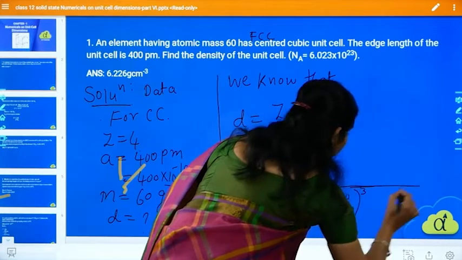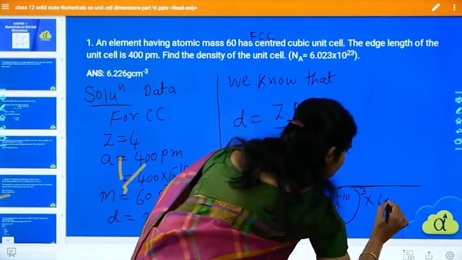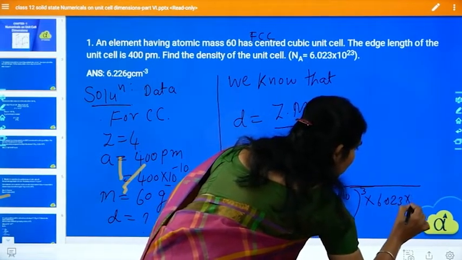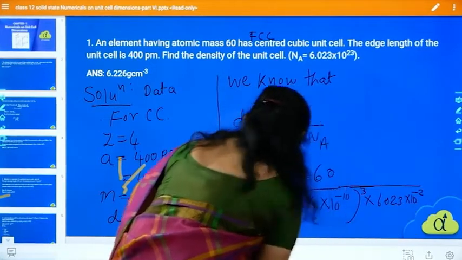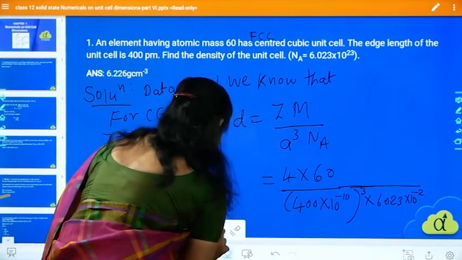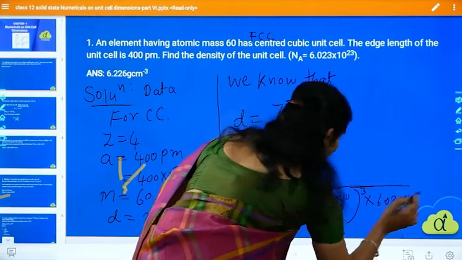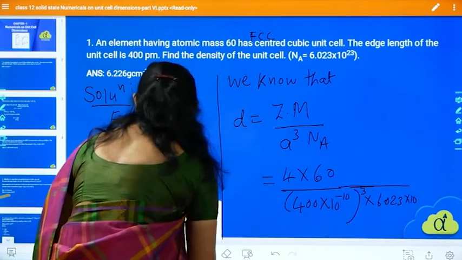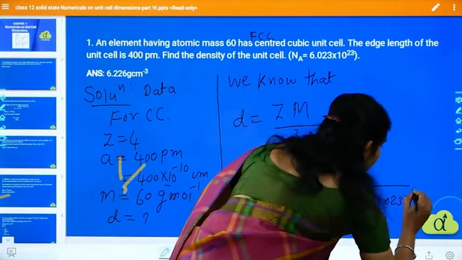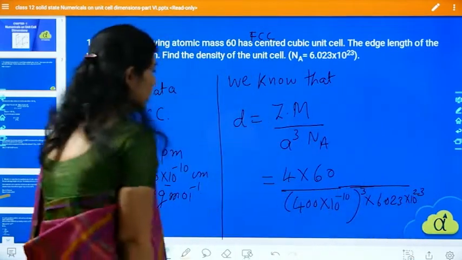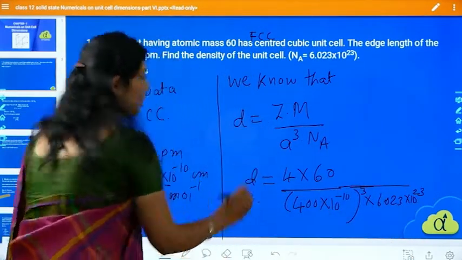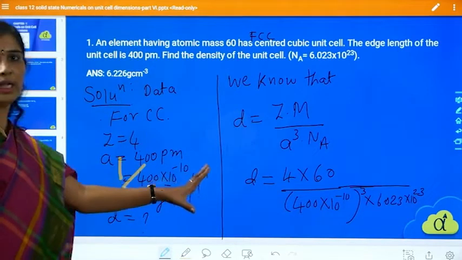The Na value is 6.023 into 10 power 23. So this is a direct substitution. You need not worry.